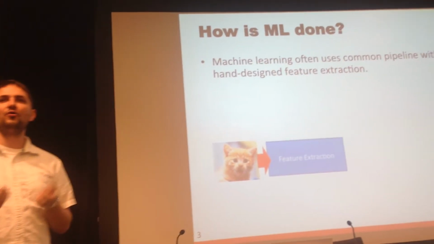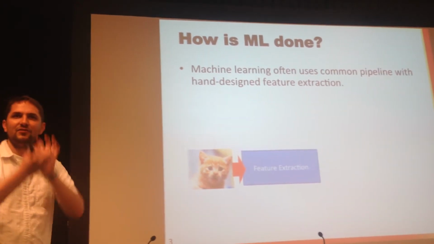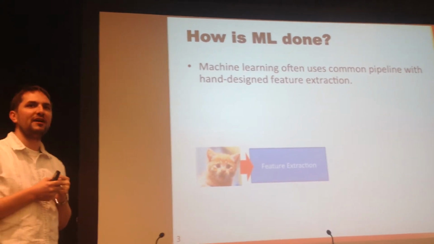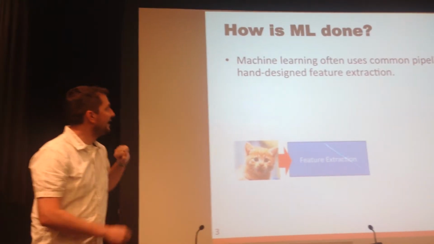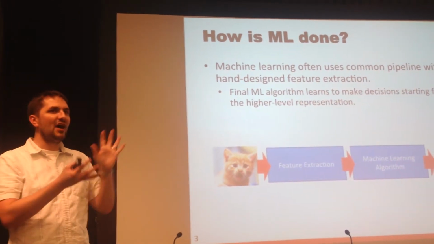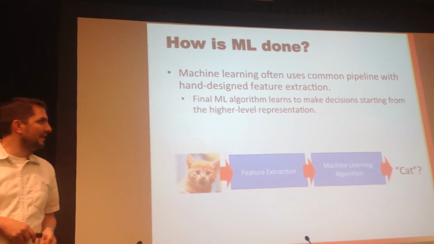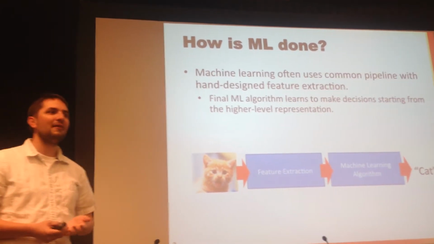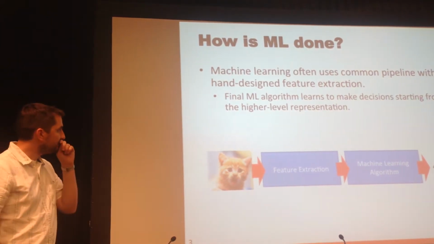It's a hand-coded piece of software that tries to transform this data into a new representation that I think makes it better for machine learning. We'll talk about why that's important in a minute. Once we've got this, we put it into some machine learning algorithm, usually some off-the-shelf system, and try to train it to make a prediction about whether this is a cat, and hopefully be able to answer this question by the end.